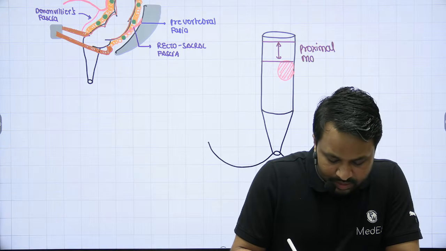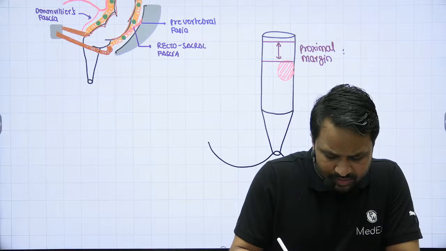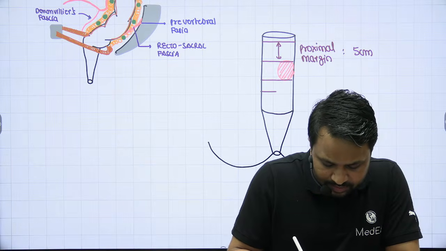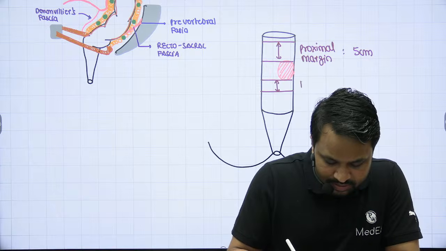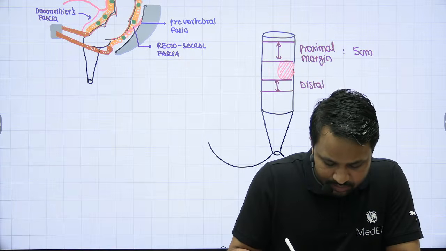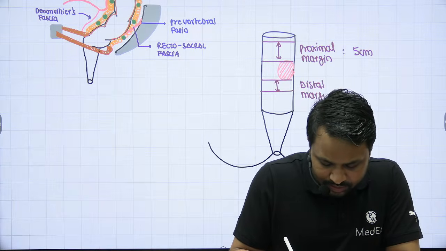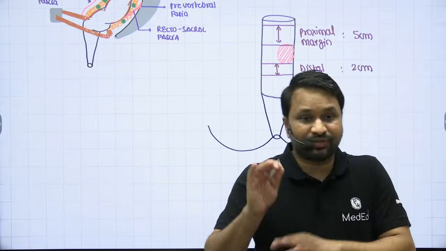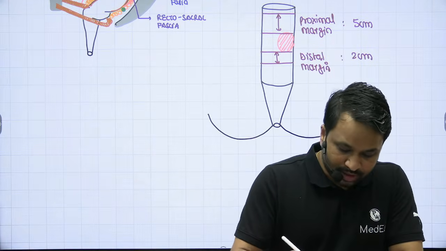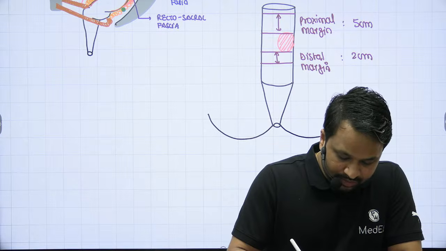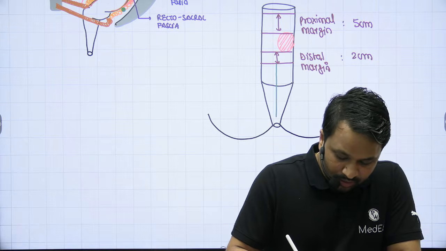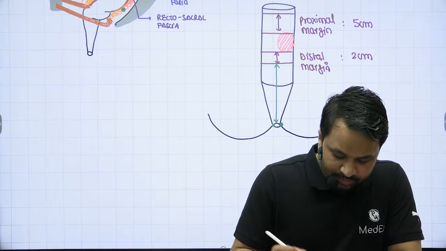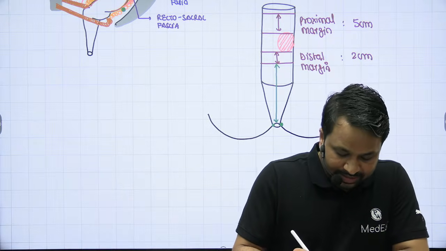This proximal margin, we never have a problem with because it is quite adequate. The problem always lies with the distal margin, because the minimum distal margin that you should have in rectal cancers is going to be 2 centimeters. So once you have resected it, I'm going to measure from the distal margin's lower end to the anal verge. Now, anal verge is a junction between the anal mucosa and the skin.